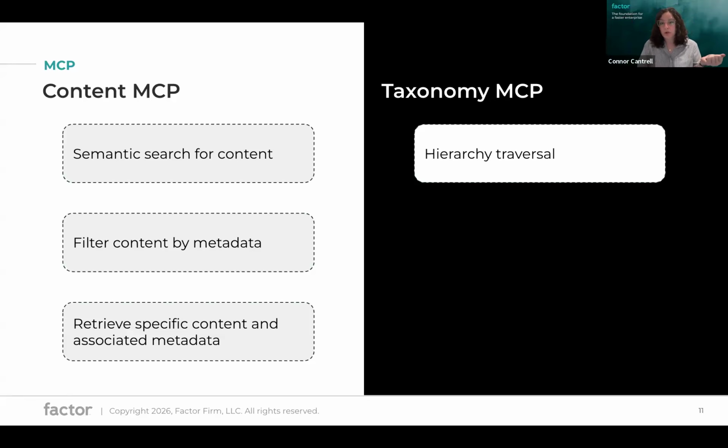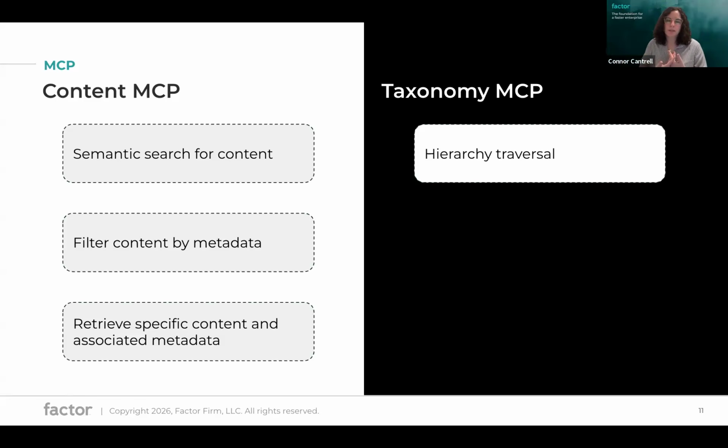So in broad strokes, the tools in the content MCP accomplish a few key tasks. They search for content by keywords, filter content by the metadata, and retrieve specific content and associated metadata as needed. In contrast, the taxonomy MCP is focused primarily on traversing our hierarchies.